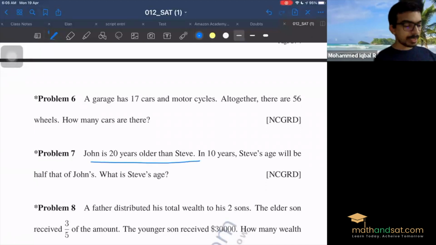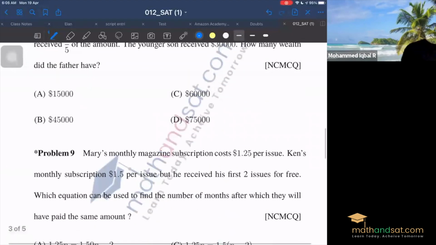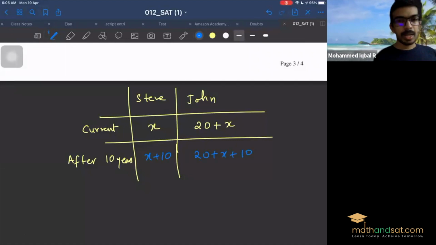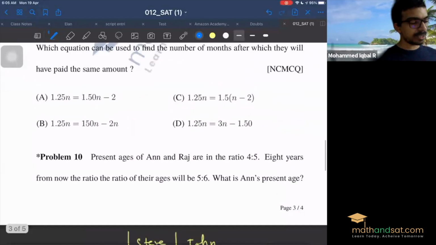Now in 10 years, their respective ages will be X plus 10 and 20 plus X plus 10. Right? Now, after 10 years, what will be the situation?